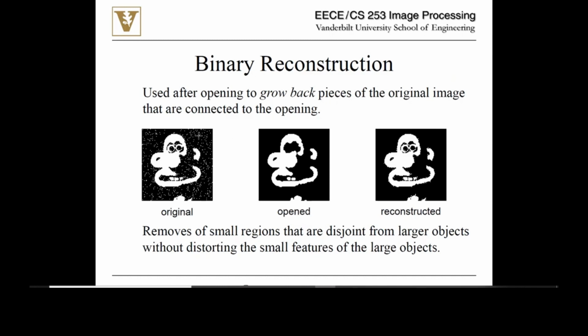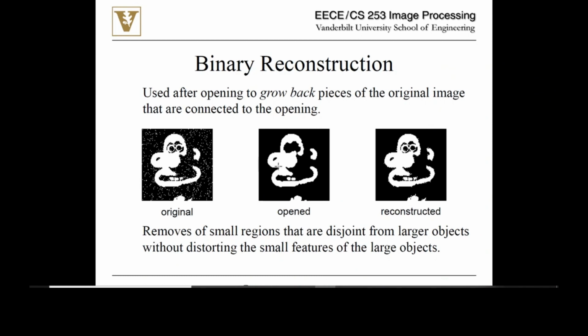Getting rid of these white spots could be done with the opening. So for instance, the opening gets rid of the spots, but it also gets rid of fine details in the input image. For instance, the eyes have disappeared. So this is not nice.